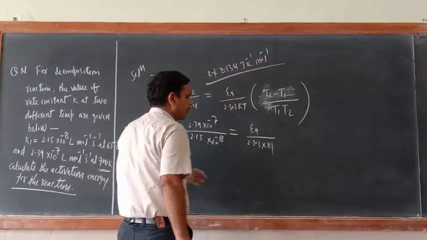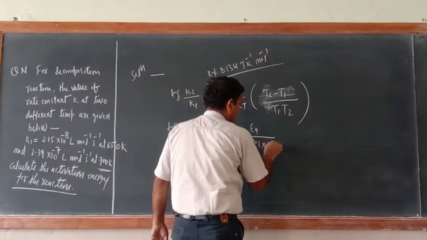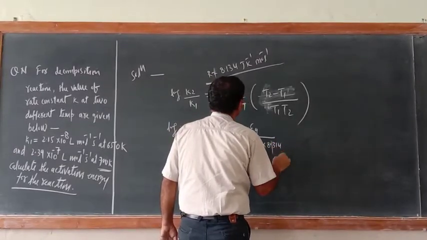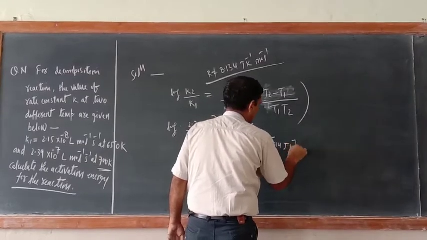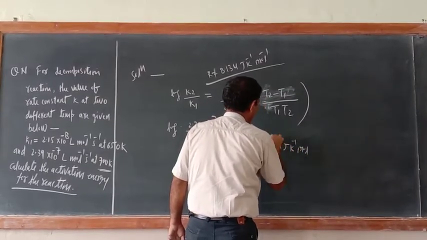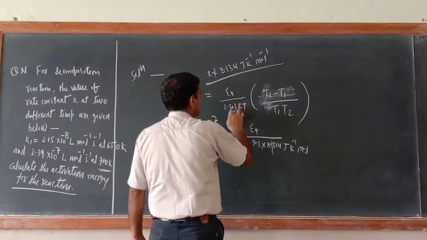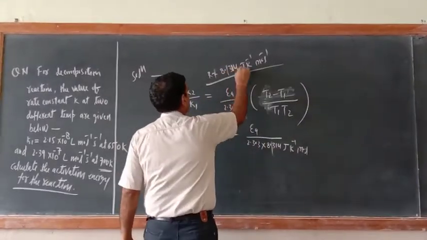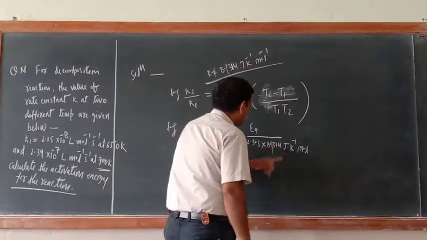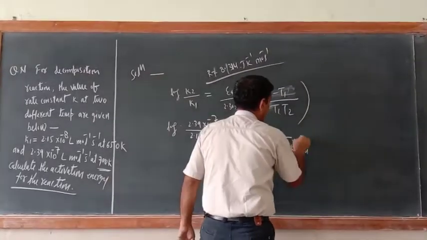This value you will have. So just put here 8.314 joule Kelvin inverse mole inverse. Now here what is there? Here only R. This is 8.314.